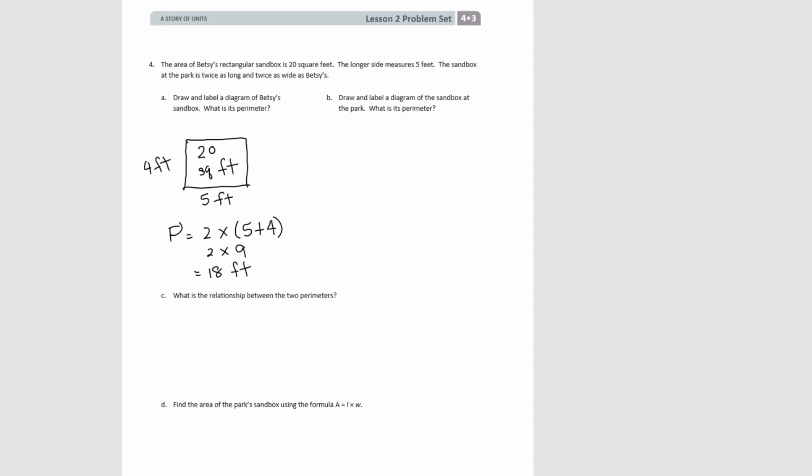Now, the sandbox at the park is twice as long and twice as wide as Betsy's. So if Betsy's is 4 feet wide, then the sandbox is 8 feet wide, 2 times. If the length is 5 feet, then this length has to be twice, which is 10 feet. The perimeter, let's add them together.